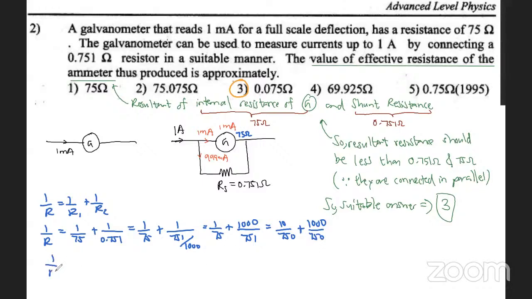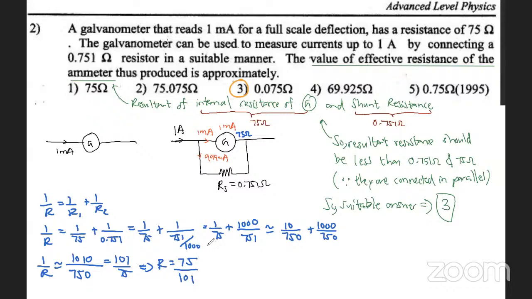That means 1 over R is approximately 10 over 750 plus 1000 over 750. On top we get 1010 over 750, that is 101 over 75. So R is equal to 75 over 101.